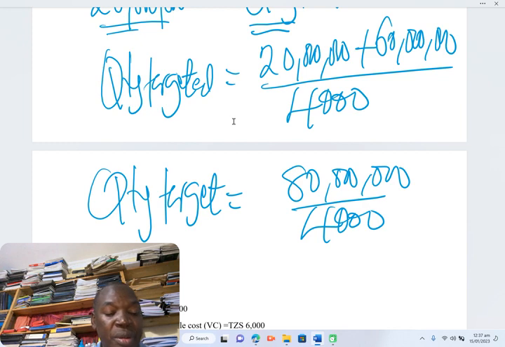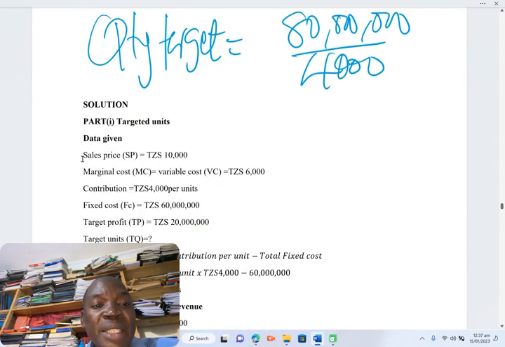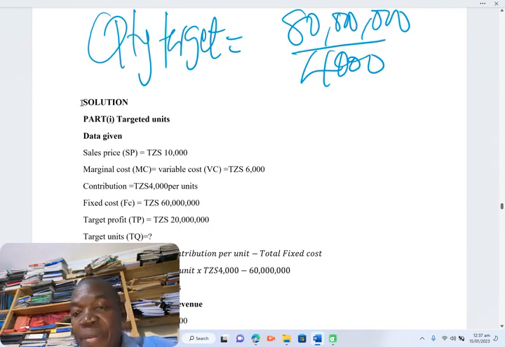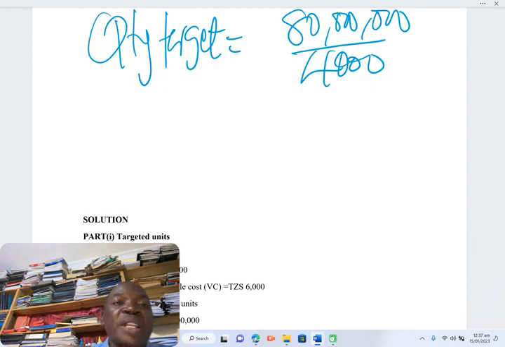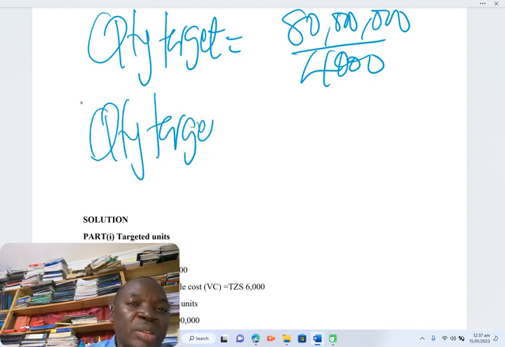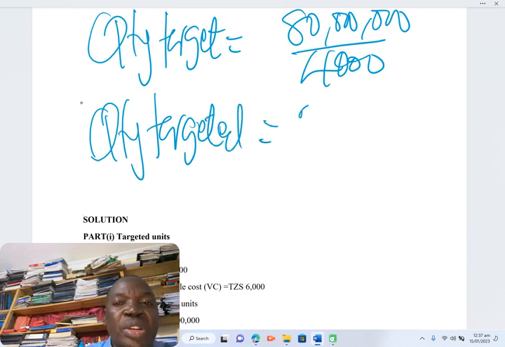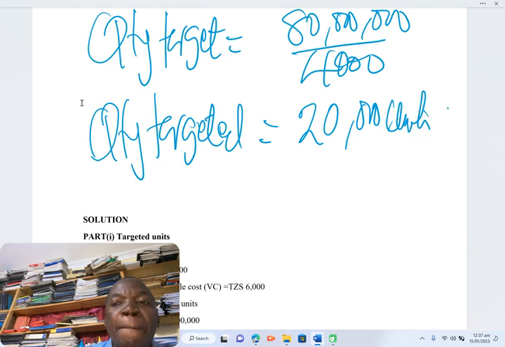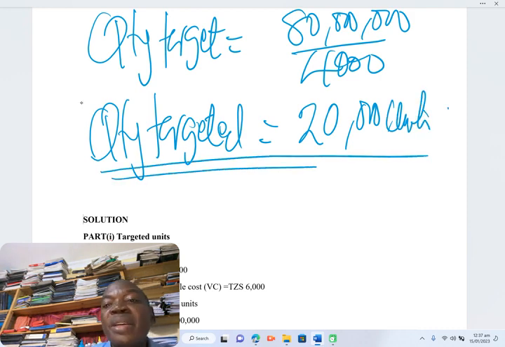So the targeted quantity is 20,000 units. We have resolved part A.